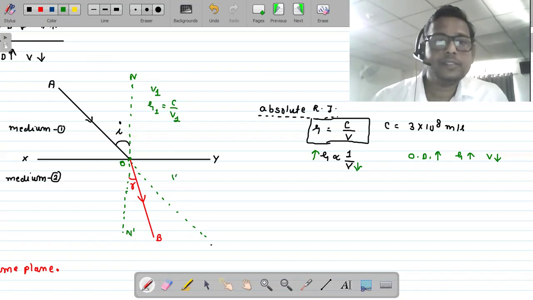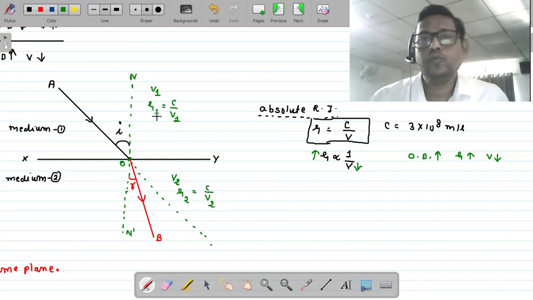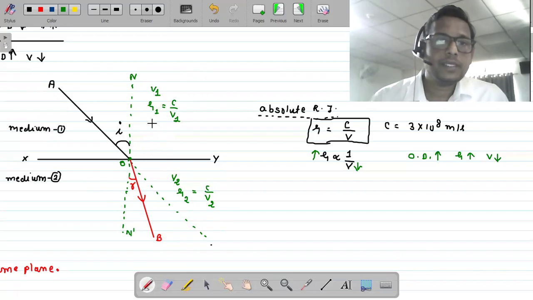Let's say the speed of light in medium 2 is v2. So I can write the absolute refractive index for medium 2 as c divided by v2. So mu1 is the absolute refractive index for medium 1, and mu2 is the absolute refractive index for medium 2.